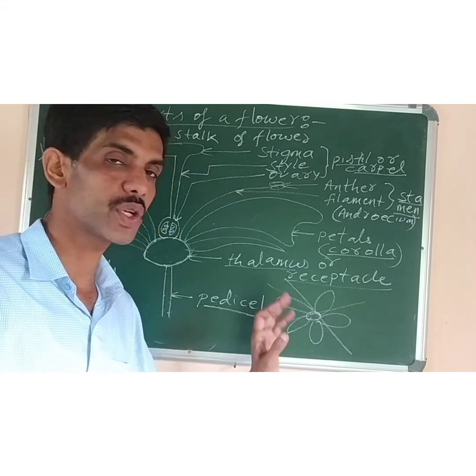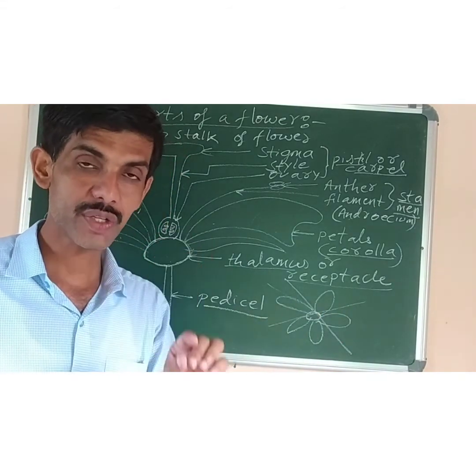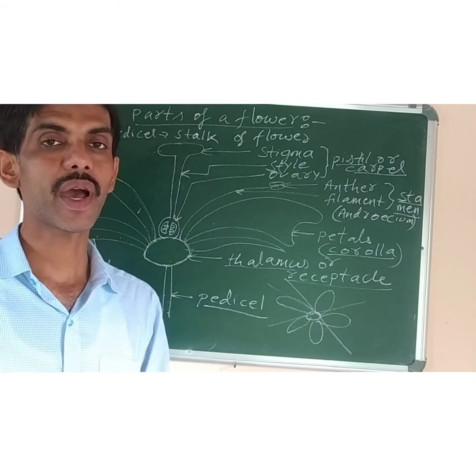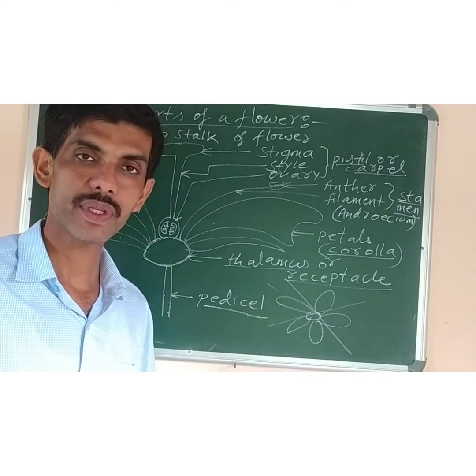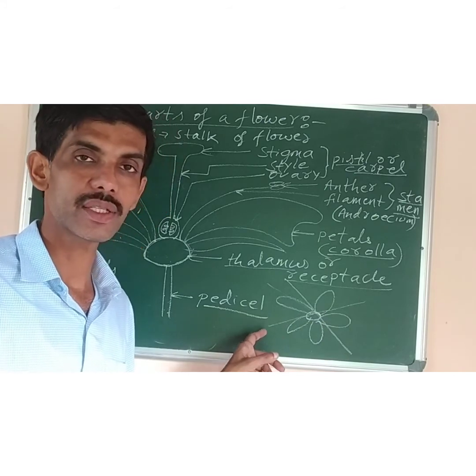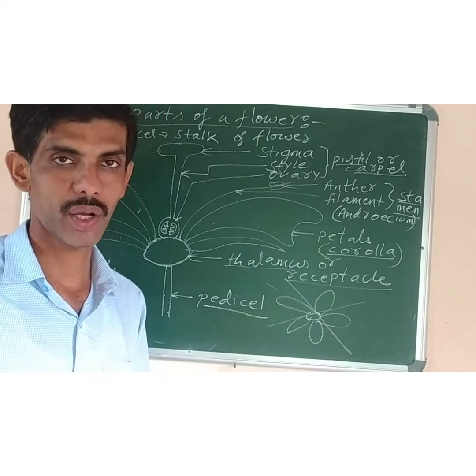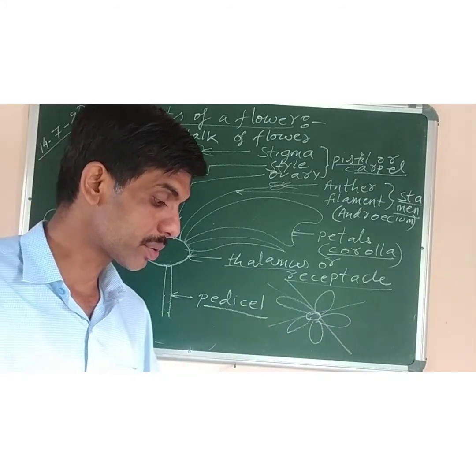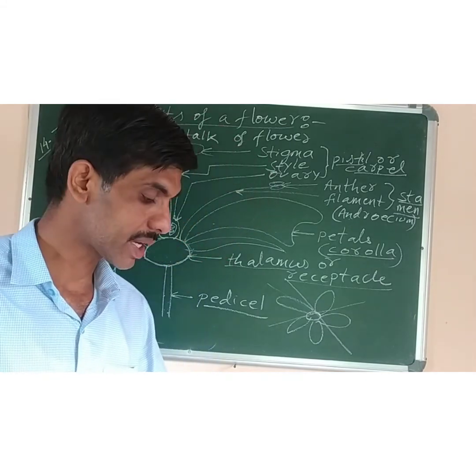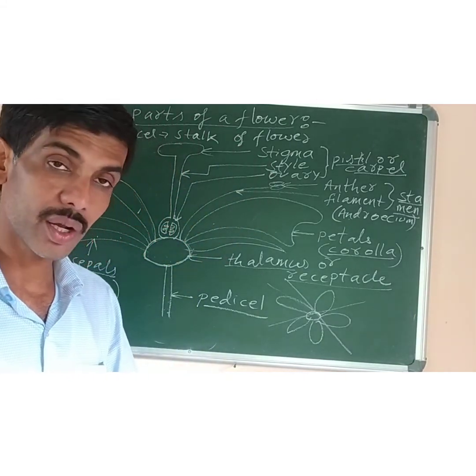They are called actinomorphic flowers. So such flowers which can be divided into two equal halves by any radial plane are called actinomorphic or regular flowers. Example, datura, China rose, you have seen already China rose, mustard, chili also.